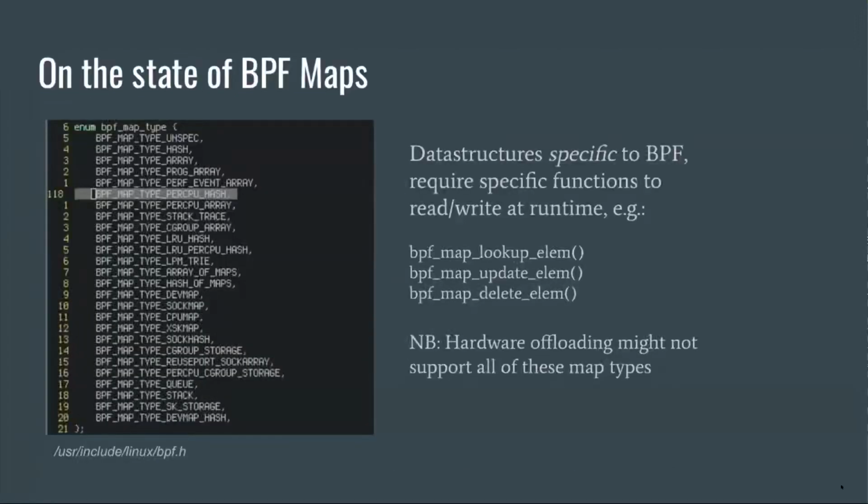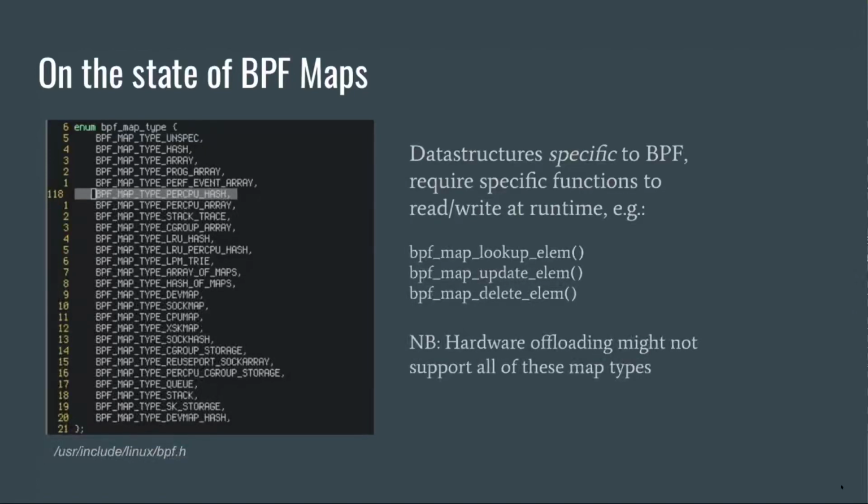Maps in BPF are your data structures to both keep state and to communicate with user space, so you can do configuration with them. They're specific to BPF, and if you check the source code, the BPF header file, you will find plenty of different data structures made available to you.